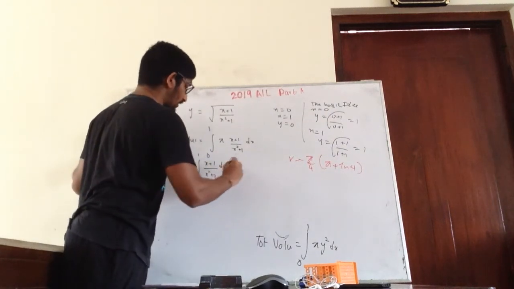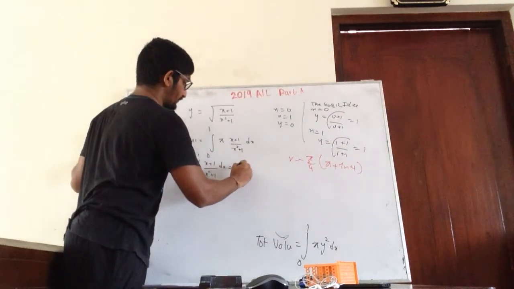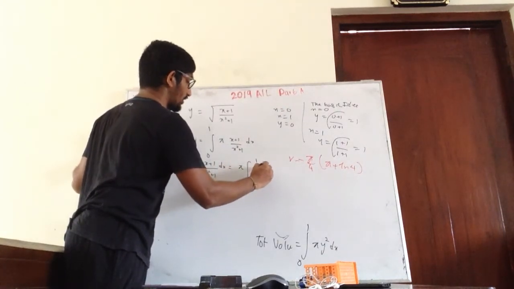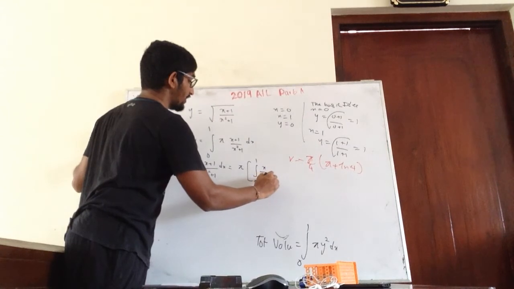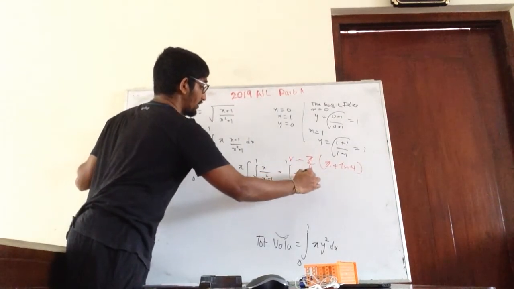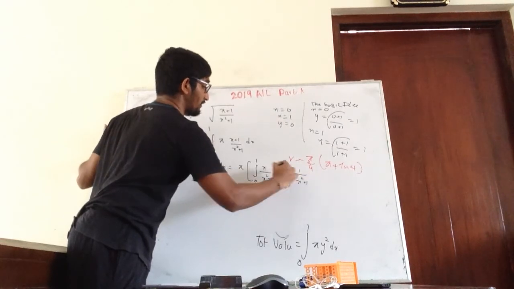Here I'm going to segregate this into the integral from 0 to 1 of x over (x squared plus 1) plus the integral from 0 to 1 of 1 over (x squared plus 1) dx.